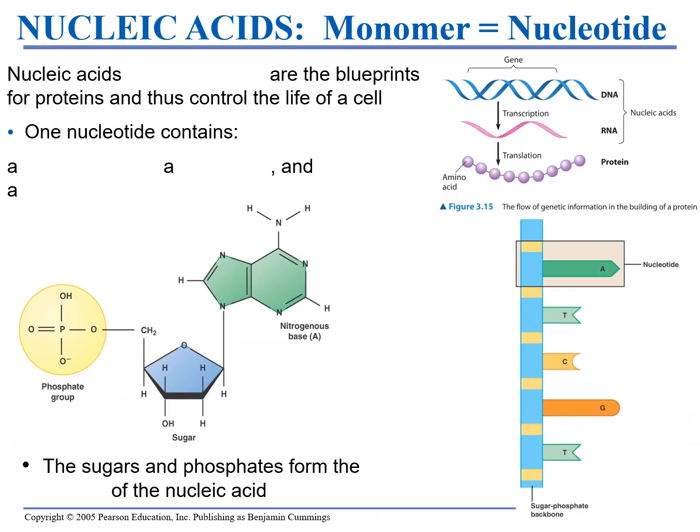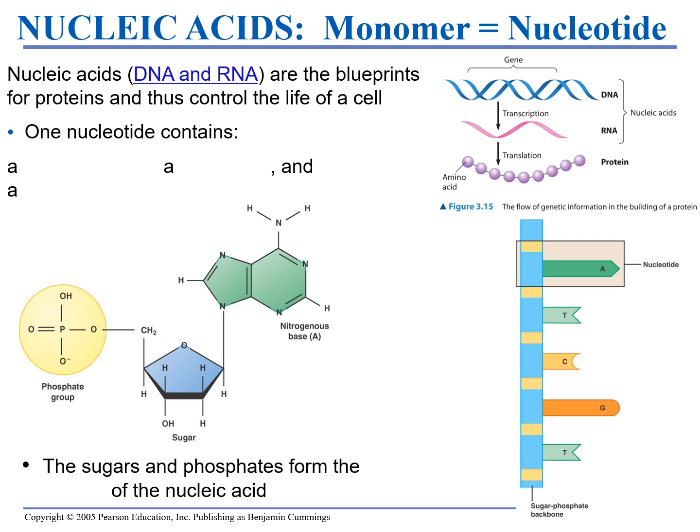Now let's dive into the last category of biological molecules, nucleic acids. For nucleic acids, a monomer is a nucleotide. The nucleic acids help with the structure of DNA and RNA, which are the blueprints for proteins and thus control the life of a cell.